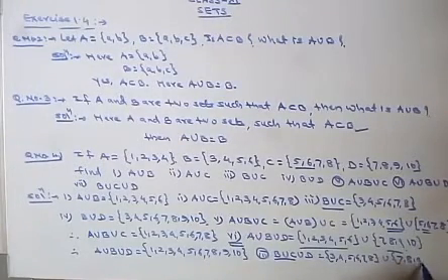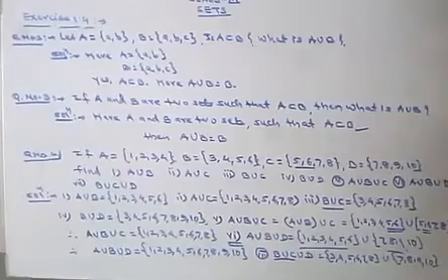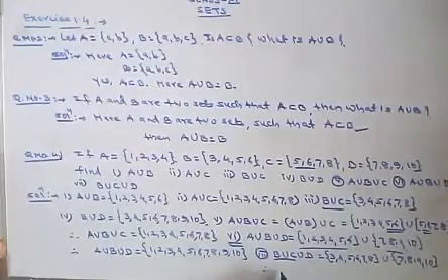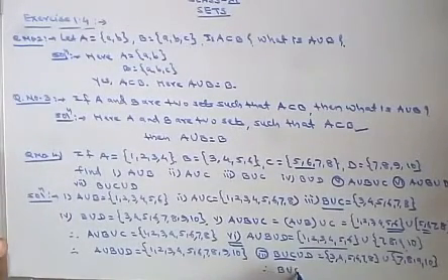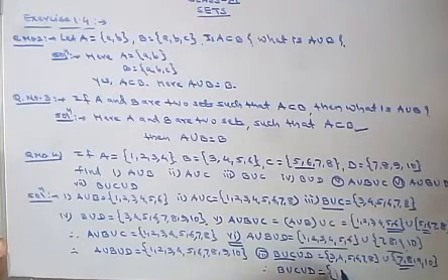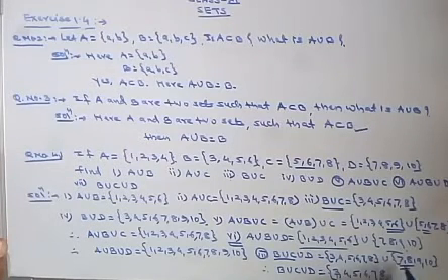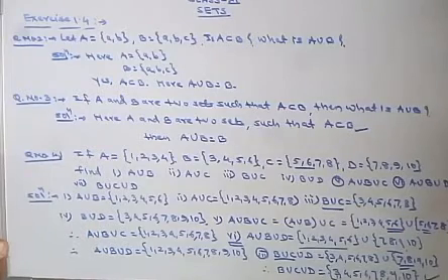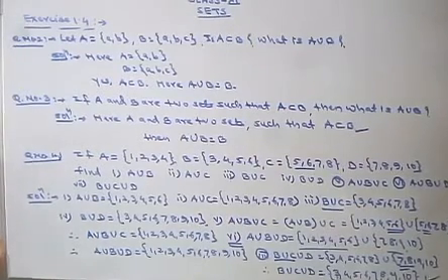Okay, therefore B union C union D equals 3 4 5 6 7 8, 7 8 are repeated here, so this is 3 4 5 6 7 8 9 and 10. So in this way we can find the unions.